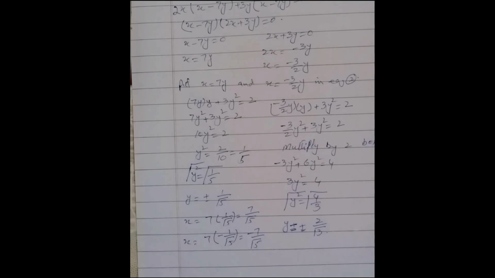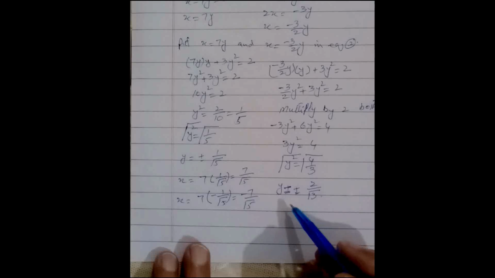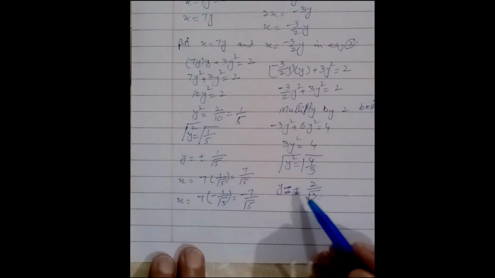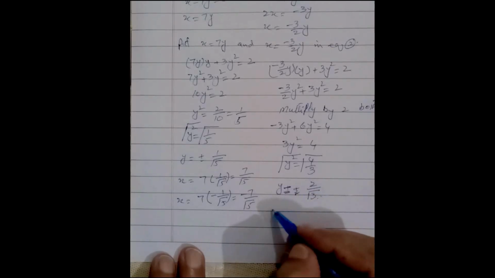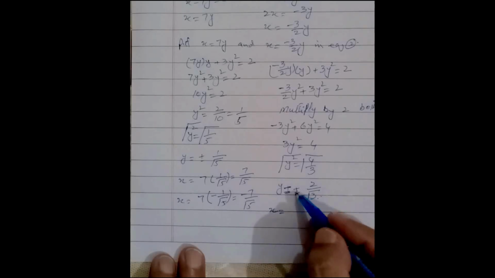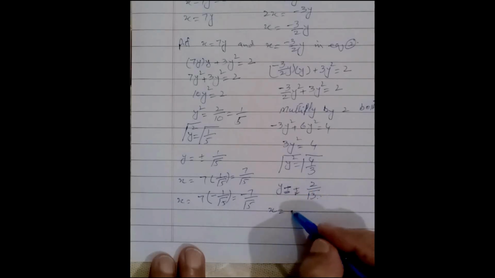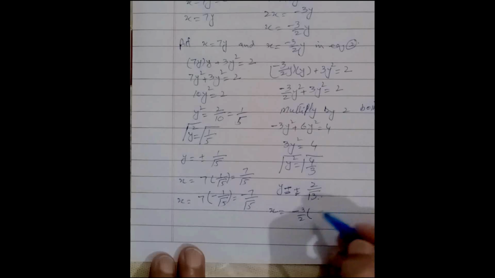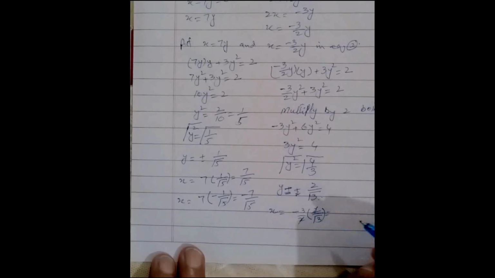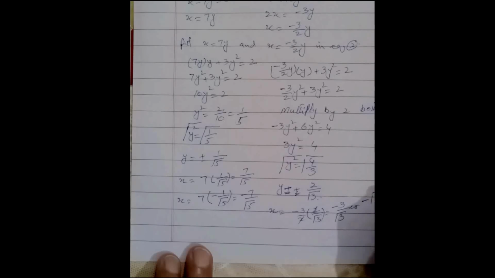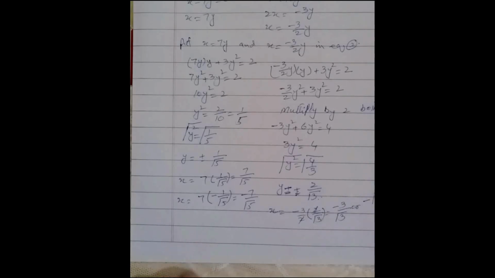And in this way, we get the two values of x. The first for plus 2 over under root 3 and then minus 2 over under root 3. And when we put plus 2 over under root 3, we get x is minus 3 over 2, and the y is 2 over under root 3. 2 cancels with 2, we get minus 3 over under root 3, or we can write it minus under root 3.